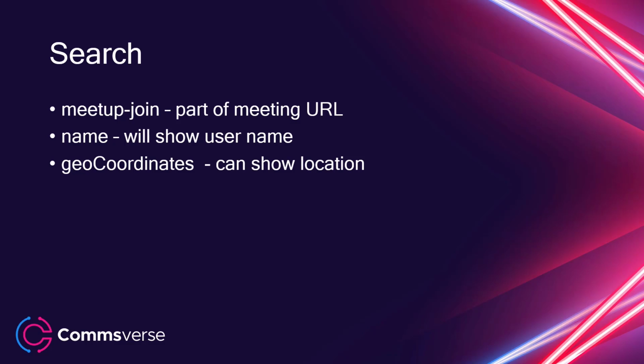So the examples I showed here: meetup join will show you all the meetings that the user has been joining. Name, search for the name of a user, and geo coordinates can show the location. So these were some examples you can find in the log files. I hope you find some of them interesting, and don't be afraid to look into log files.